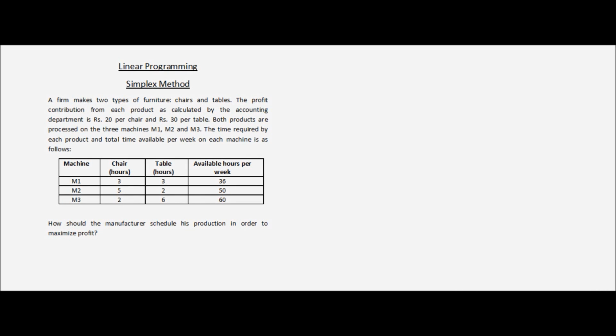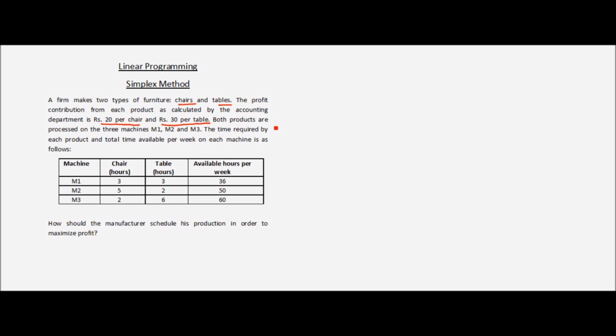Let us look at an example of solving linear programming using the simplex method. This particular example is of maximization objective. A firm makes two types of furniture, chairs and tables. The profit contribution from each product as calculated by the accounting department is rupees 20 per chair and rupees 30 per table.